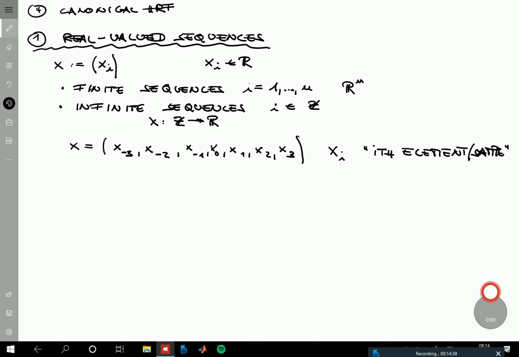And now, of course, these x minus 3, x minus 2, x minus 1, x0, x1, x2, x3, in a realistic setting, they of course take some values. So, for example, 4.5, 2, 1.0, 2.6, 3.1, 1.7.